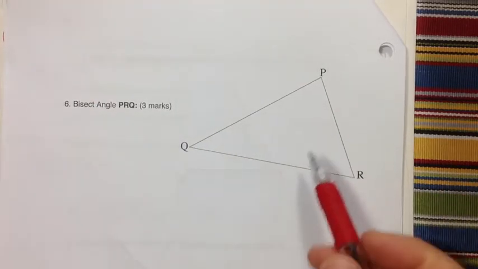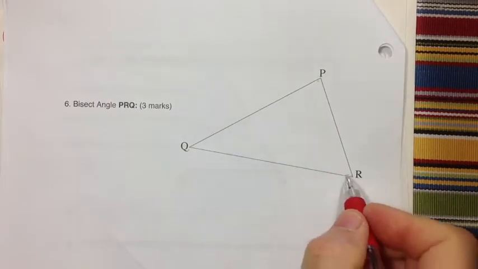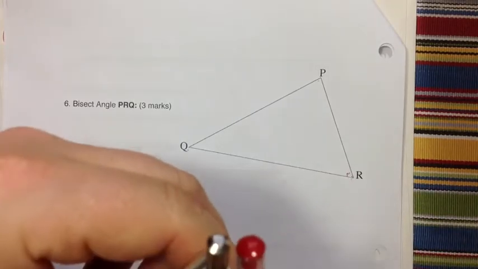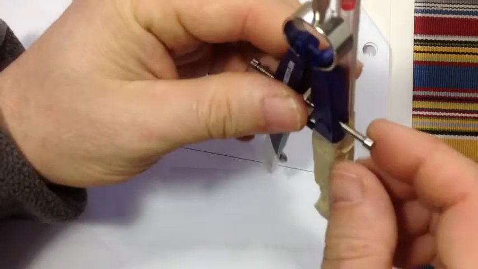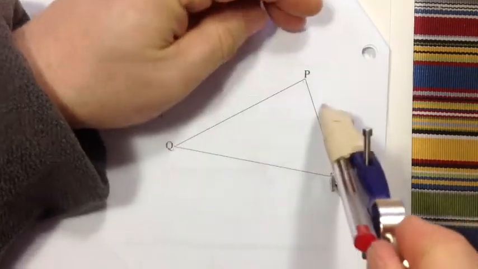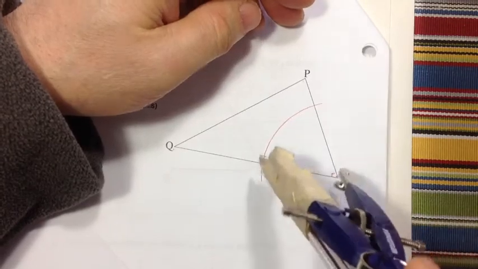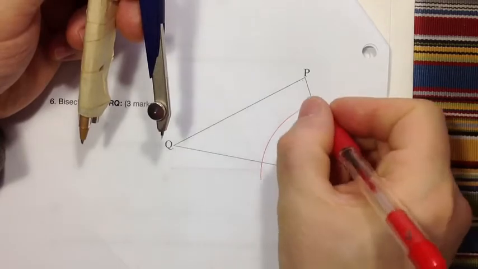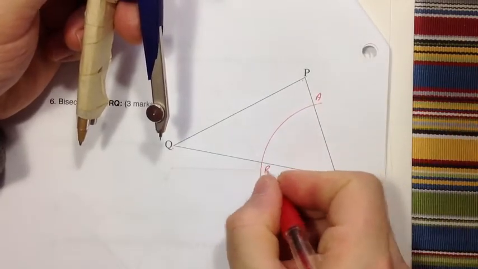So P to Q to R, that's angle PQR right here. So we're going to bisect that. To bisect it, we're going to do exactly what we just did. Put your point on the vertex of the angle you're trying to bisect, and make an arc which crosses the two legs of the angle. I'm going to call the points where my arcs crossed A and B.